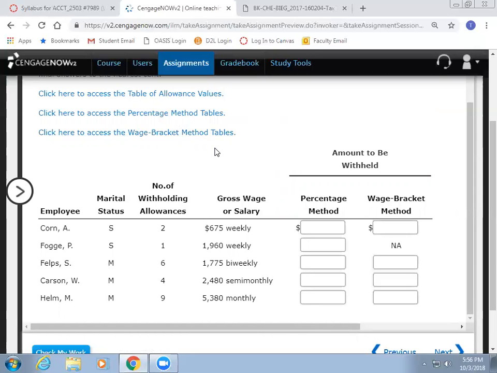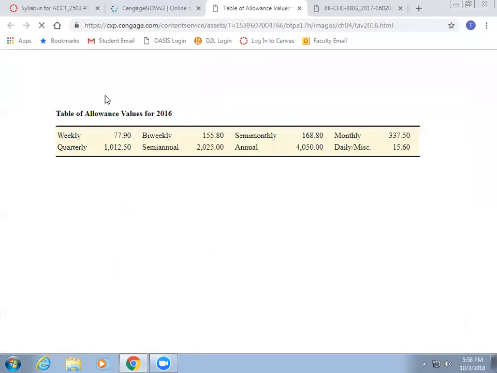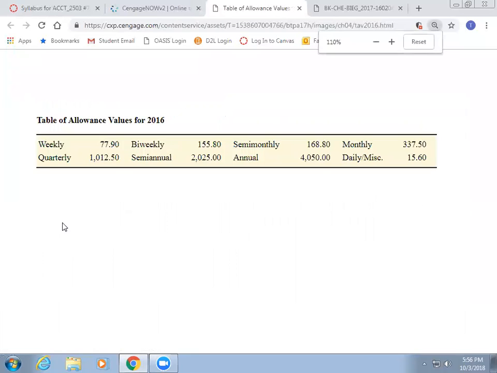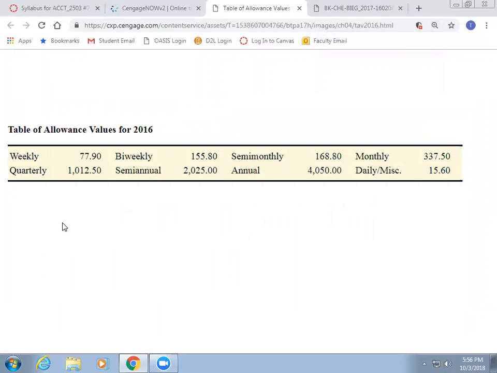So they want us to actually calculate percentage and wage bracket method for each of these employees, okay? So, well, let's look at Acorn.